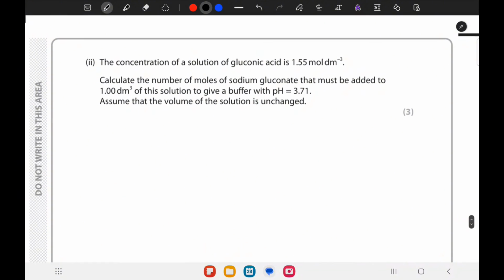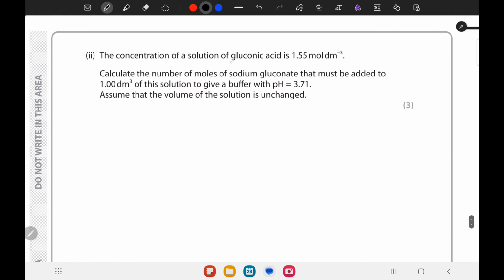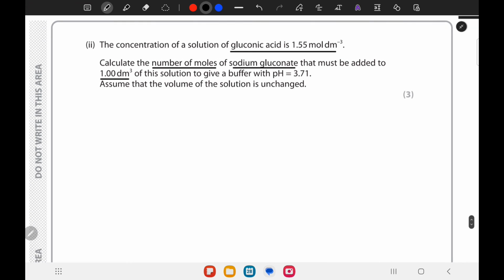Now for the next question, we are given that the concentration of gluconic acid is 1.55 mol per dm³. We have to calculate the number of moles of sodium gluconate that must be added to 1 dm³ of this solution. In this case, we can use the Henderson-Hasselbalch equation, where the pH is equal to pKa minus log of the concentration of acid divided by the concentration of base.